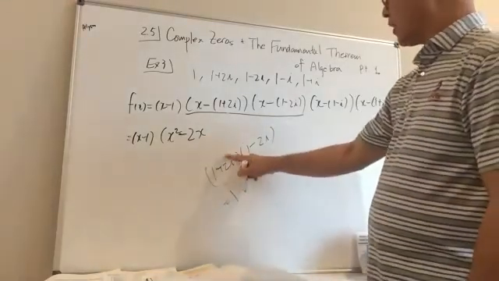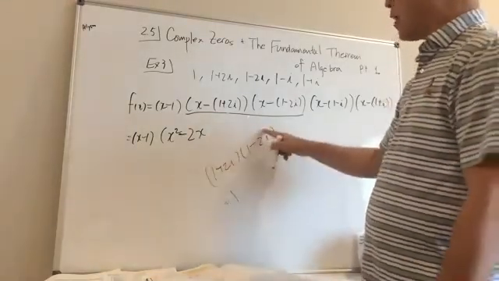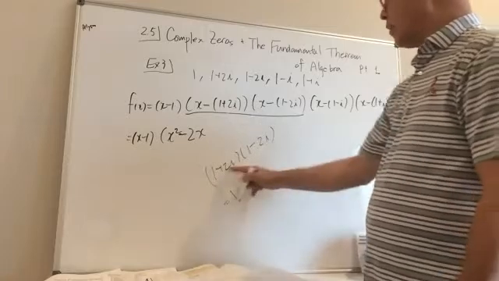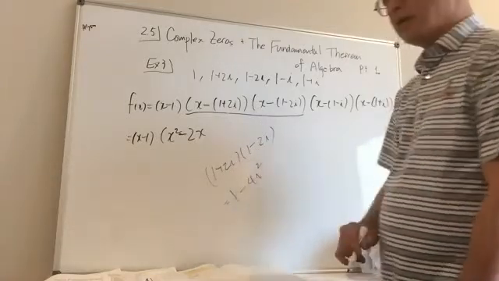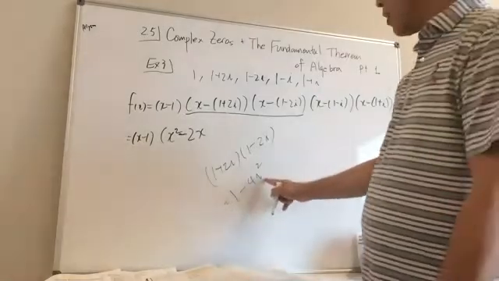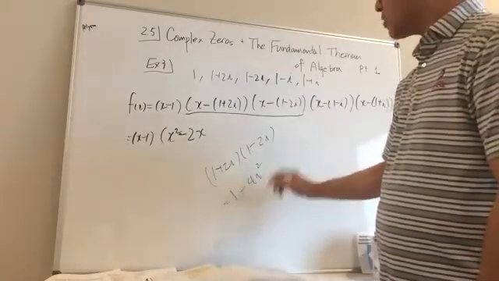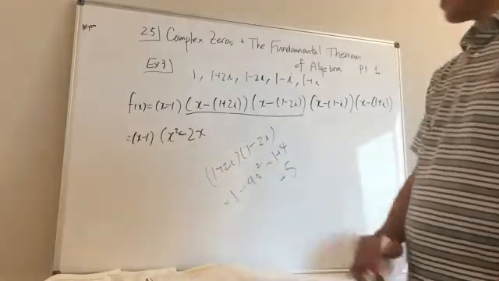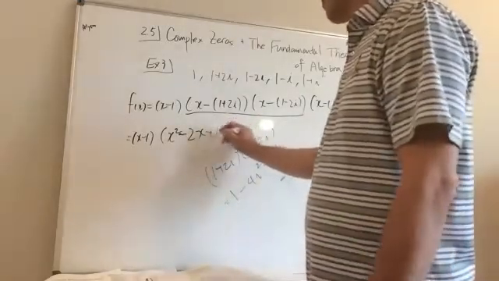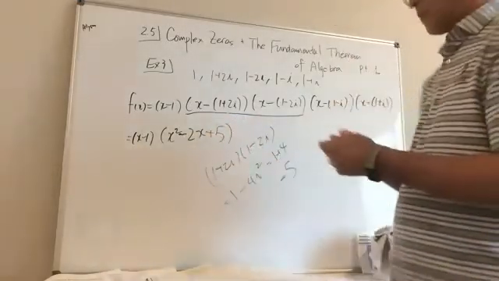Over here, I get plus 2i, minus 2i, they cancel out. Multiply these guys together, I get minus 4i squared. i squared is negative 1, so it's going to be plus 4, 5. So this here is going to be 5.